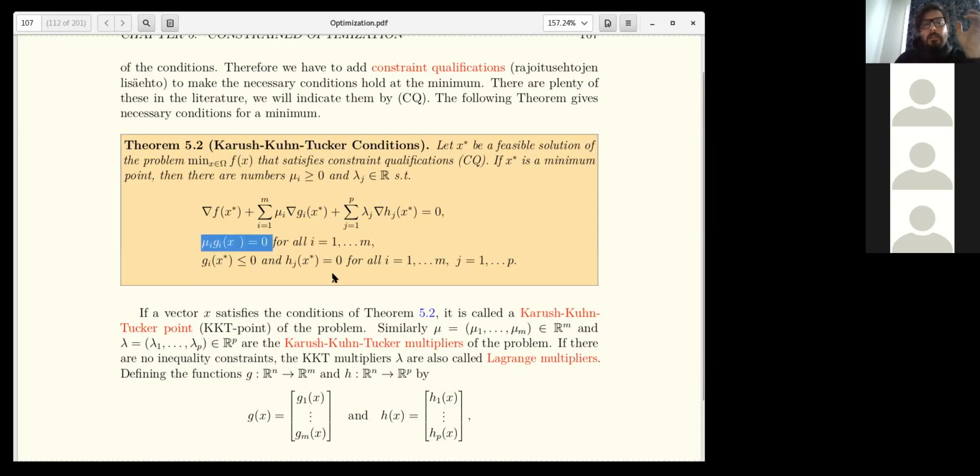The mu i times g i is 0. So when g i is not equal to 0, because we are feasible, it's strictly smaller than 0, there is at least a little bit of room to move before g of x is actually 0. So that this mu i can be taken as 0. One of them is 0.